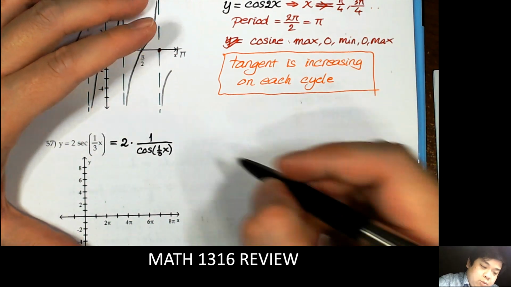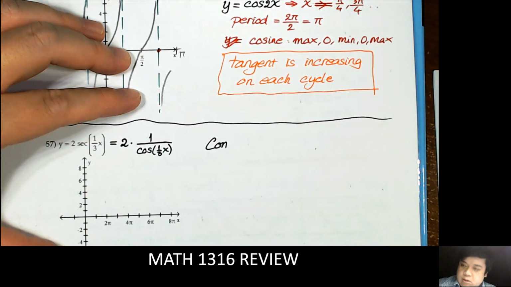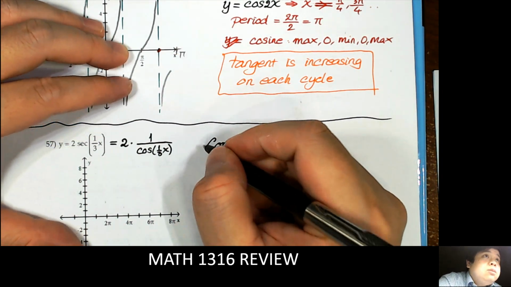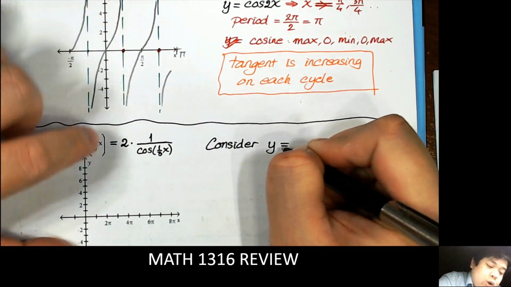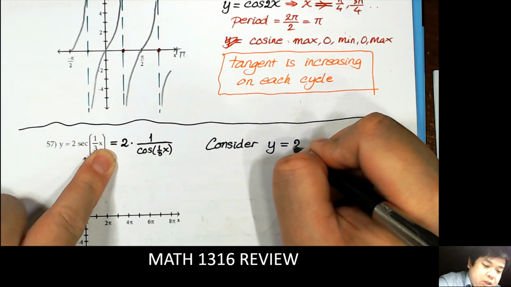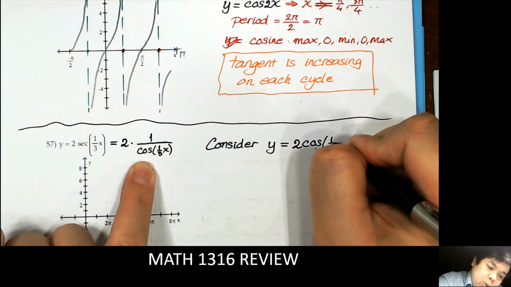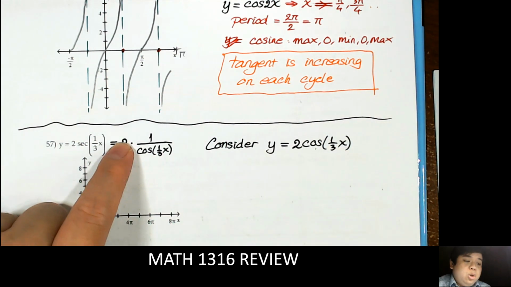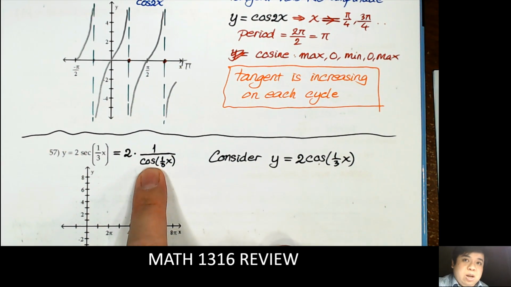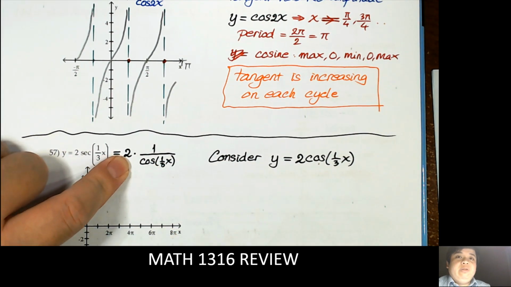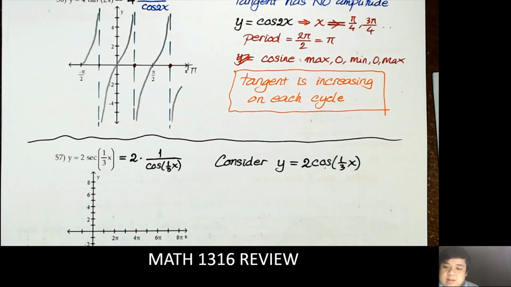So what we're going to consider when we do the graph is the graph of y equals, we still have the 2, that gives us the amplitude, and then cosine of 1 over 3x. Even though it is 2 times 1 over cosine, we're just going to graph the reciprocal function along with the number in front for the amplitude. So if we can graph that, we can graph the secant.